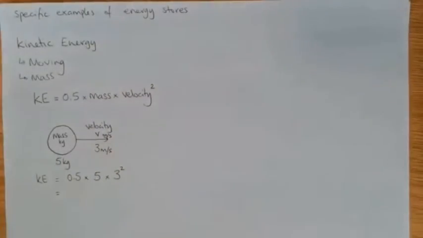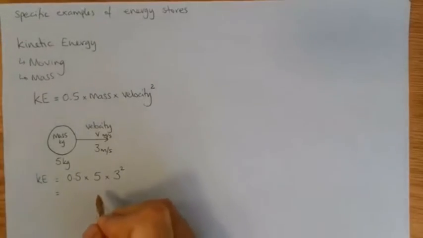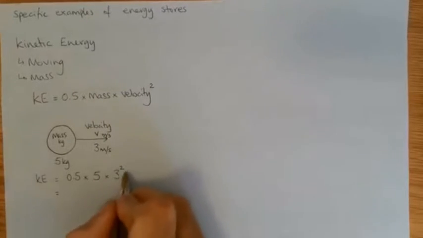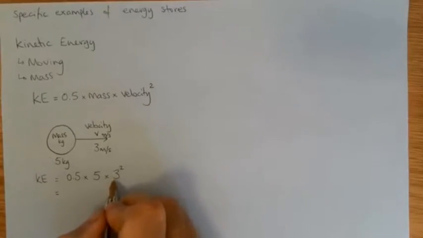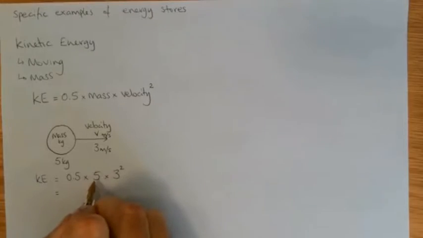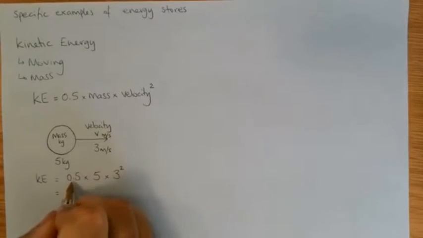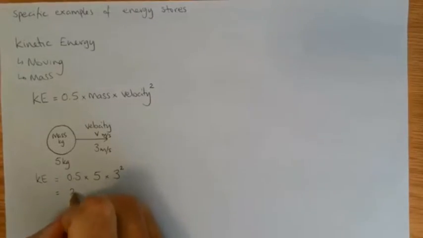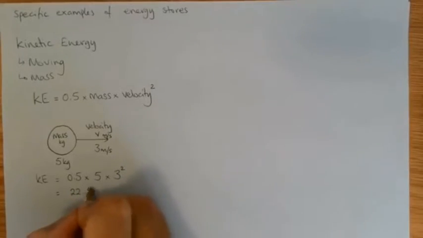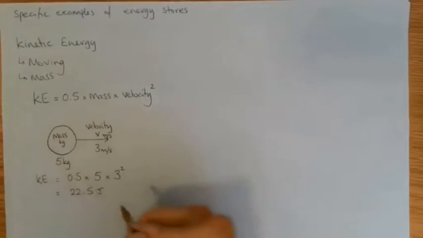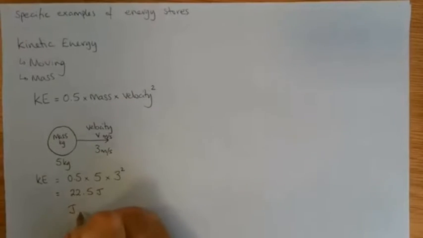So either working off the calculator or doing the arithmetic in your head, we're going to square the 3 to 9, multiply by 5 is 45, and then half it is 22.5 joules.